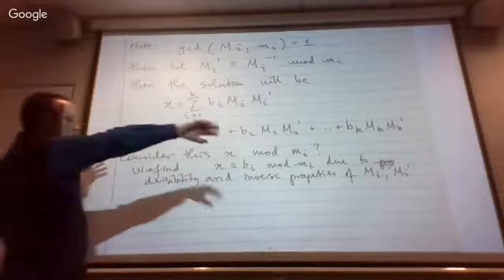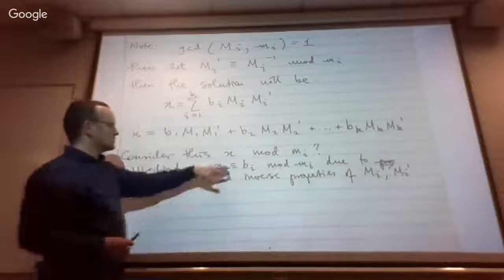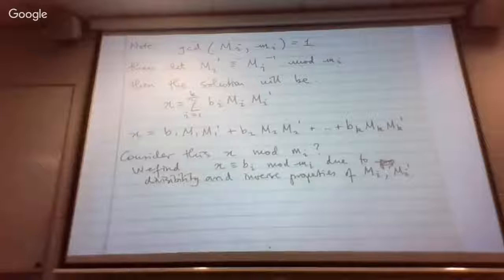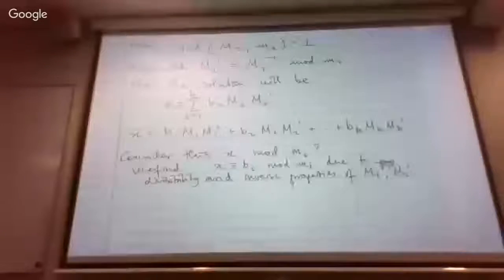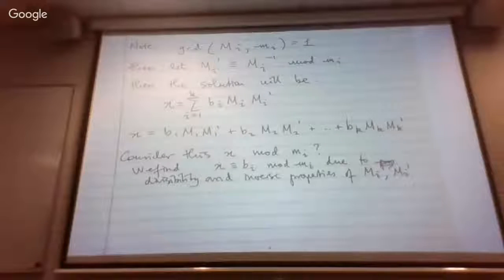So everything else falls away, and x is just congruent to Bi modulo little mi. So that's certainly a solution. And then a few minor details show that it's a unique solution.